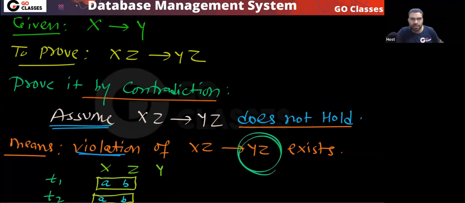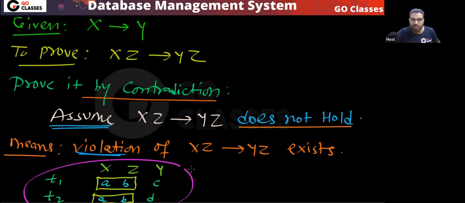Is it possible to put a different combination for YZ? For example, Z is already BB. For Y, let me put C here and D here. Now, where is the problem? Can I say I have created a violation?